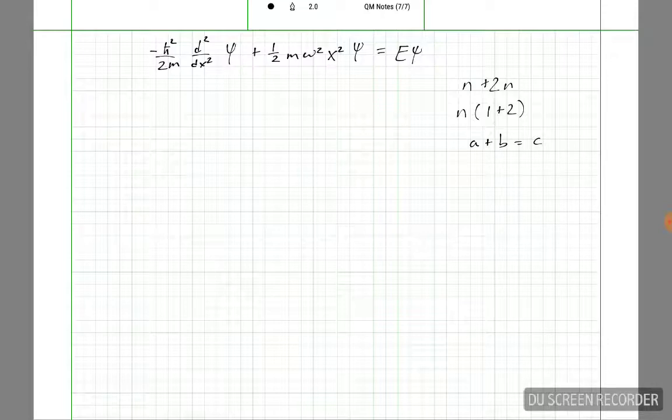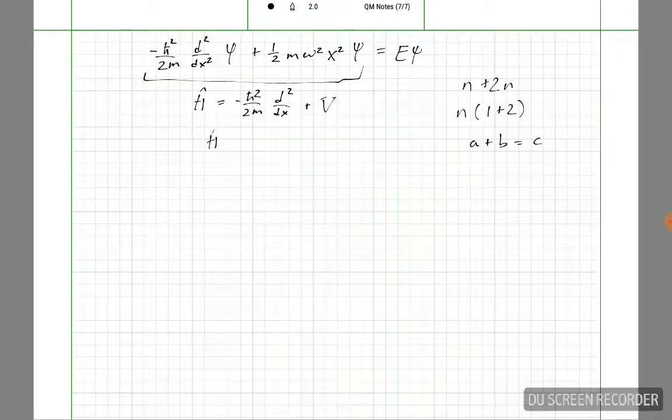The way that we've been using it is like here in our Schrodinger equation. We have this idea. Our Hamiltonian operator is h bar over 2m d dx plus the potential.